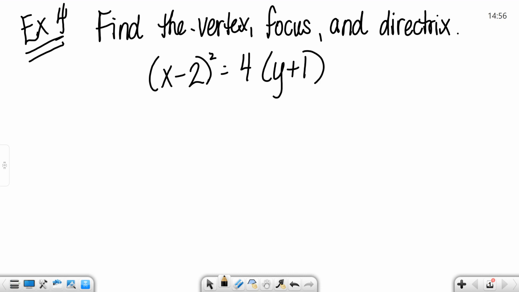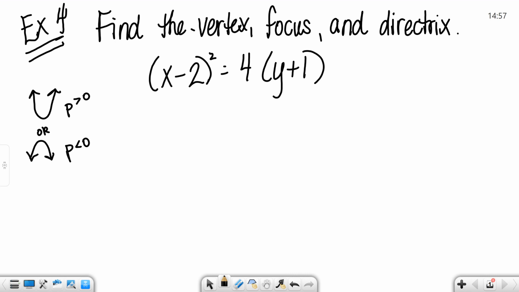All right, so here's our equation, and I'm asking you to find the vertex, the focus, and the directrix. All right. First thing I know is that x is squared. When x is squared, it either opens upward or downward. So it's one of these two. If p is positive, I know it's the one opening upward. If p is negative, I know it's the one opening downward.